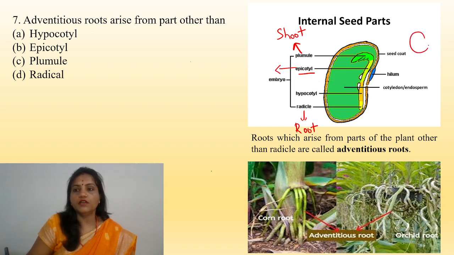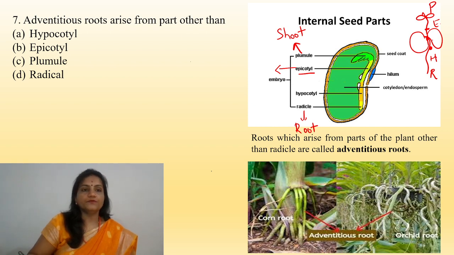If I write this way, two cotyledons. So this is plumule. This region above the cotyledon is called epicotyle. Epi means above, and hypo means below the region of the cotyledon. So this is radicle, this is plumule, epicotyle, hypocotyle.